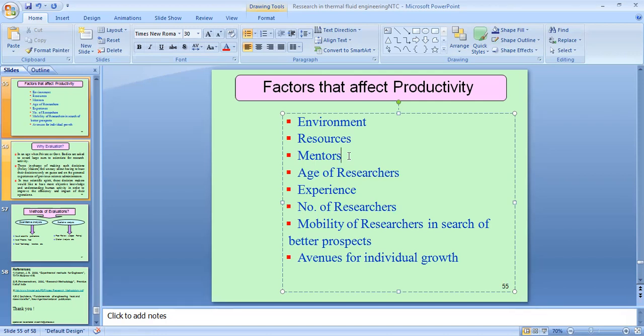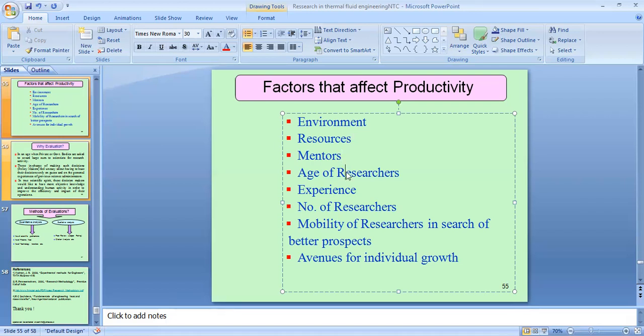Then, availability of mentors. Please understand that even researchers need mentors. If there are good mentors, there will be good outcomes in terms of patents and research papers.